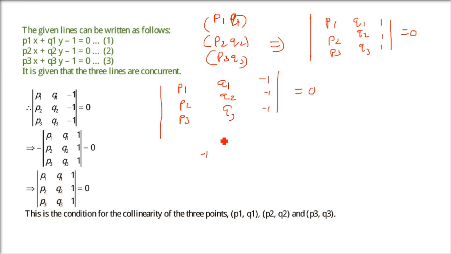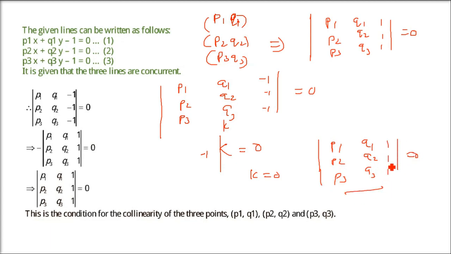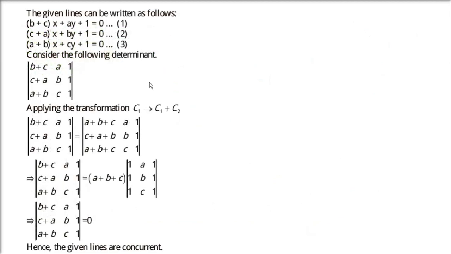Take minus common, and let me say this is k. So minus k equals 0. Multiply both sides by minus 1, you get k equals 0, and k is the same term, p1, p2, p3, q1, q2, q3 with 1, 1, 1 equals 0. This is exactly what we started with, the condition of collinearity of these three points, and so they are collinear.